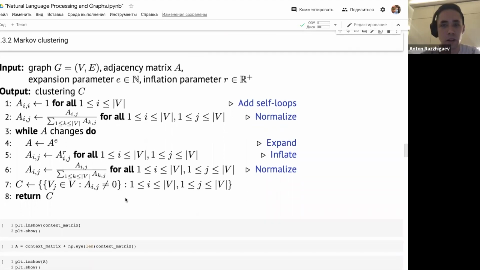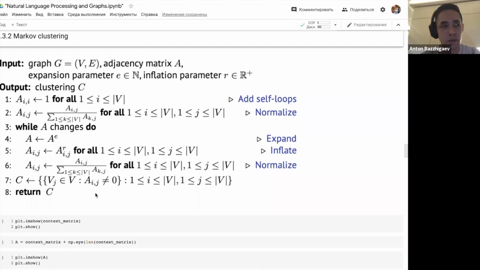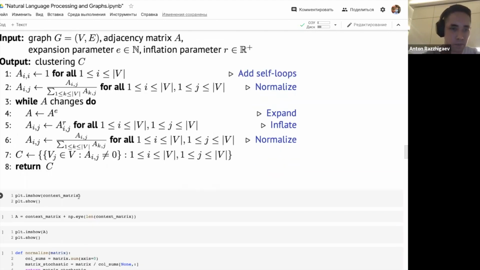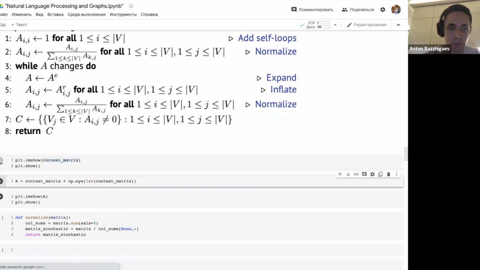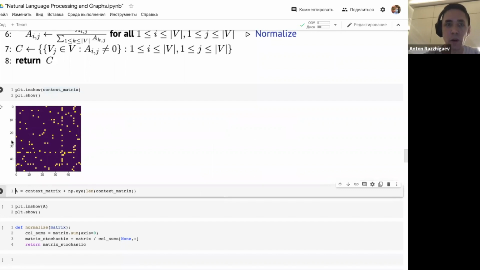Here is the structure of this algorithm. Let's first of all plot our context matrix again. Here is our context matrix of neighborhood of words in our text.